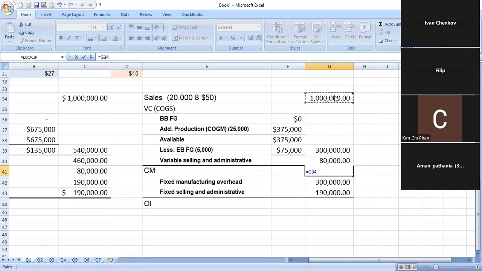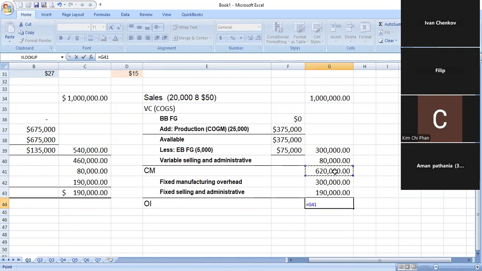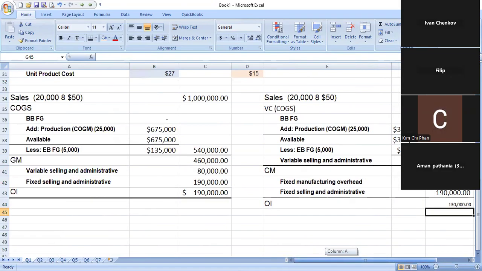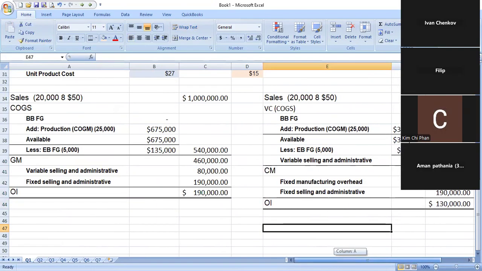This one minus 300 minus 380. Contribution margin here is 620. And then we're going to have 620 minus 300 and minus 190. And we're going to get operating income of $130,000, which is exactly how much different? 60,000. Where can we find these $60,000? They are held in our inventory ending balance.